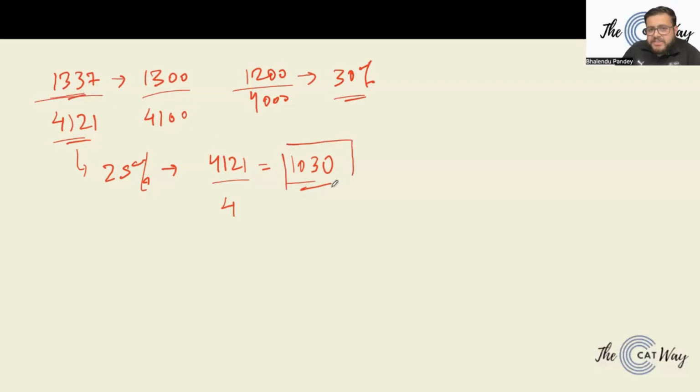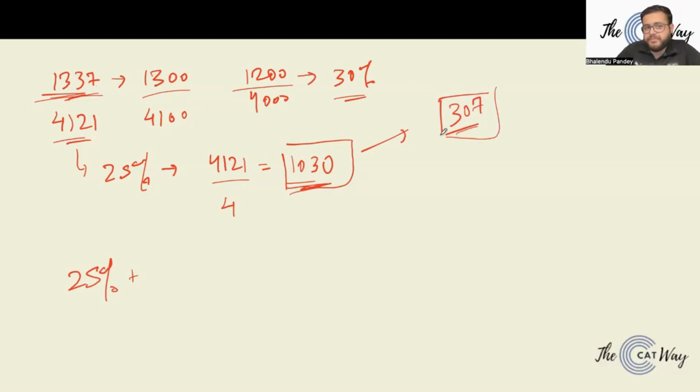So 25% mark we see is turning out to be somewhere 1030, whereas we have to go a long way up. But now we know something, that my 25% is fixed. 25% is something that I've already calculated. Correct? Now what is the gap left? The gap left is of 307 points. Right? From 1030 to 1337, there is a gap of 307.